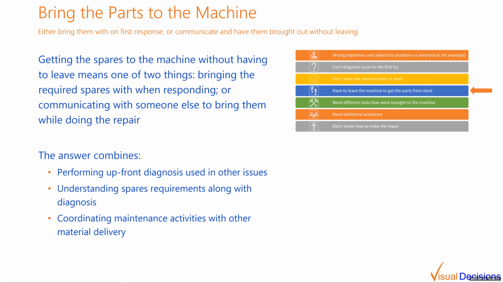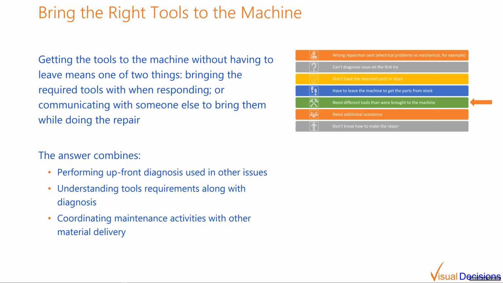That way they don't have to leave the machine. They can be doing their work, request those spares, continue with their process, have the spares show up, and then utilize them to fix the equipment, which can significantly reduce the amount of time that they have to spend there. Same exact thing for the right tools.